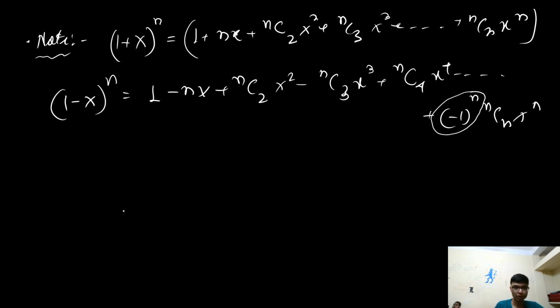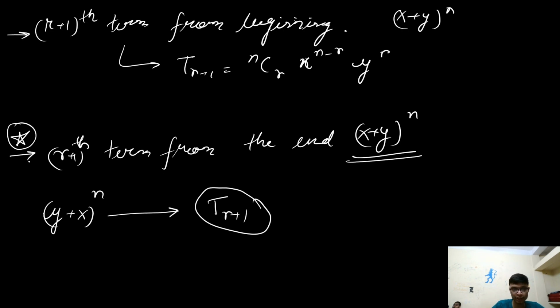Okay, so another important note that I already talked about: the r plus 1 term from the end of any expansion x plus y की power n is the same as the r plus 1 term from the beginning of y plus x की power n.